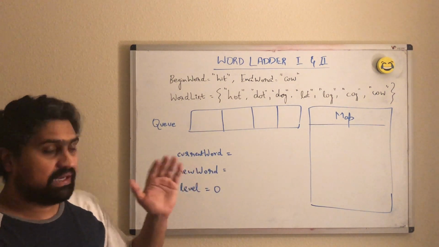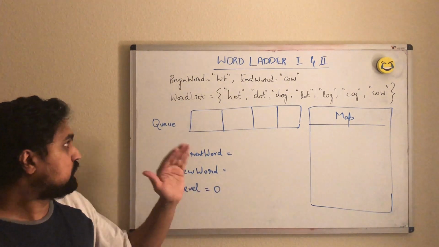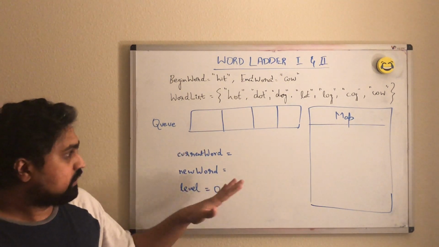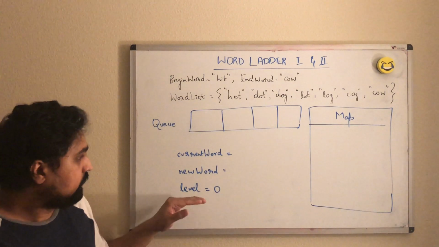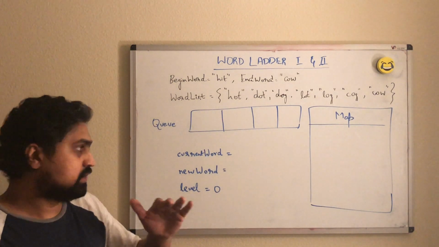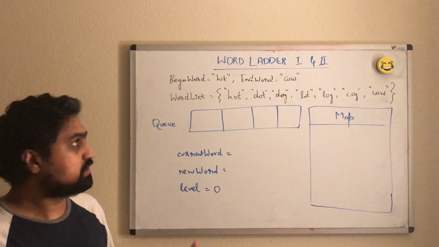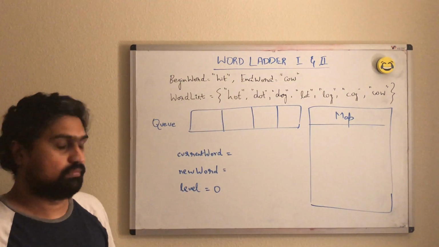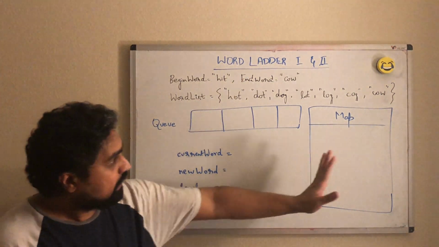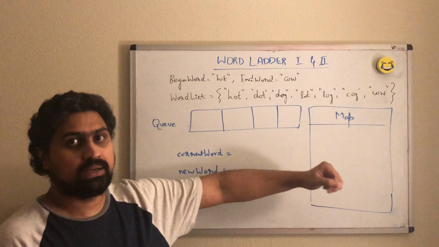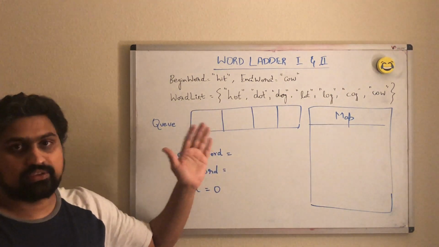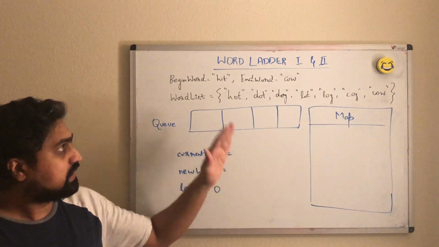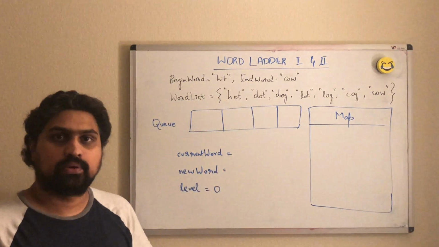Now whenever we find the end word and there are no more words to process in the queue, that's the end of the processing. The total number of levels will give us the length of the shortest transformation sequence. So that is the solution to word ladder. And then we shall use this hash map to build the shortest transformation sequences. So that is word ladder 2. Now let's see how we can do that.